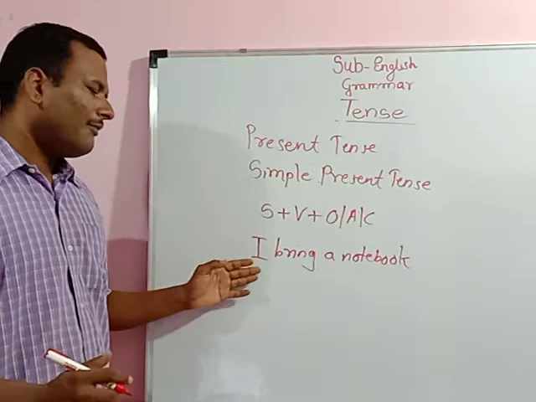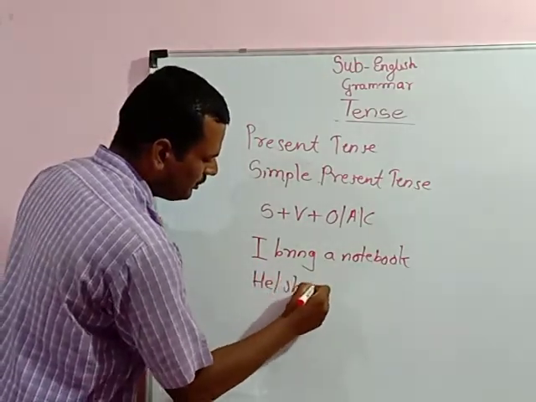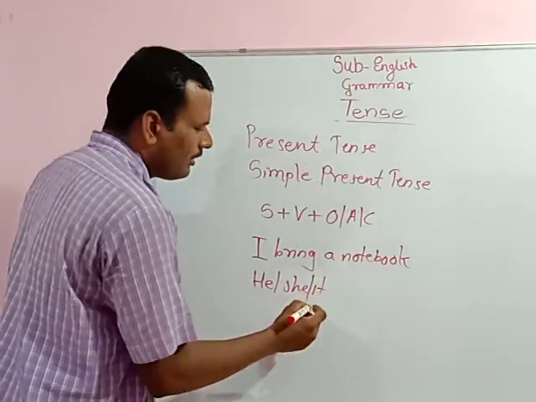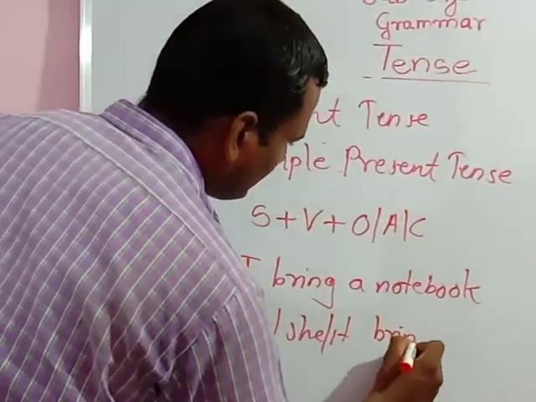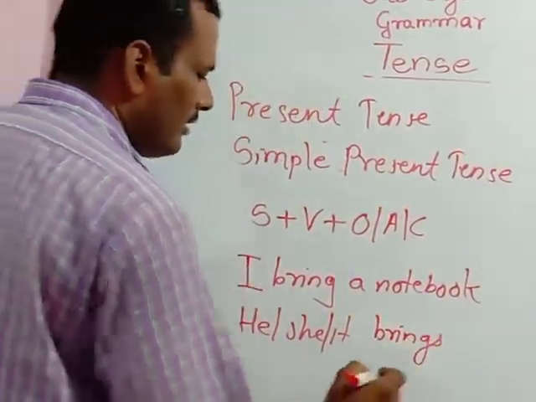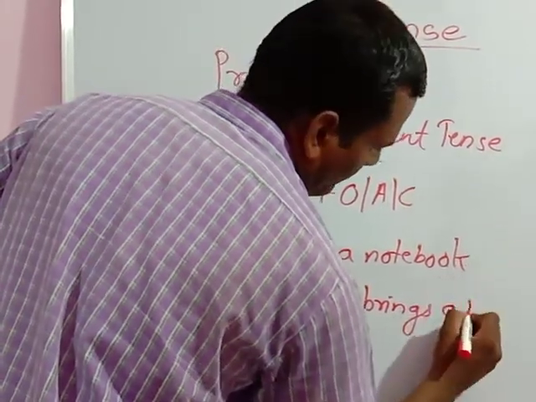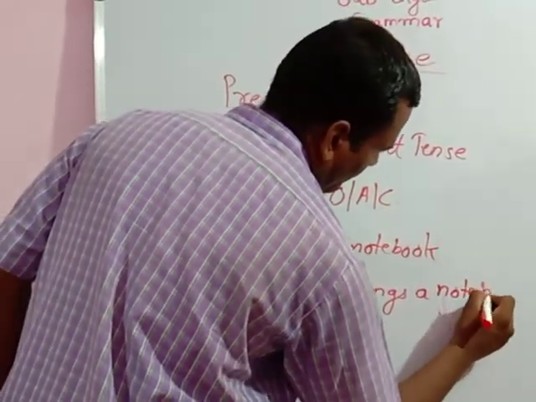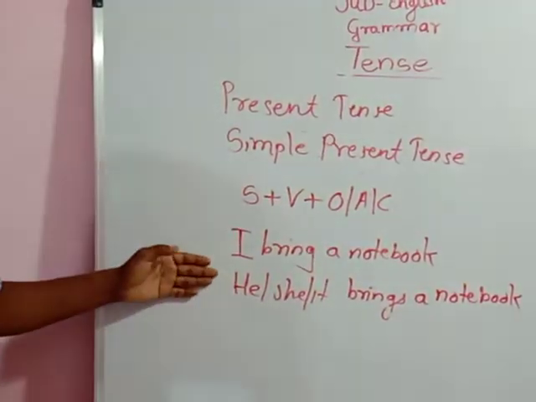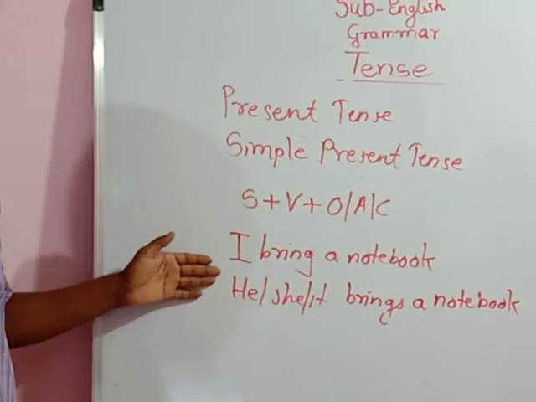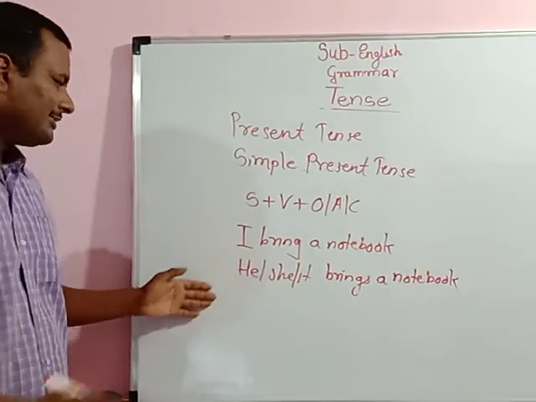And then after he, she, it, you have to use the s form of the verb. That means, he brings a notebook, or she brings the notebooks, in this way. So this was about the structure of the tense with the example itself.